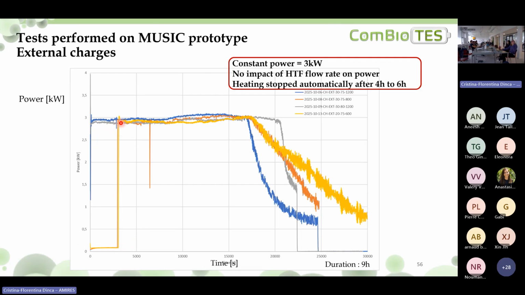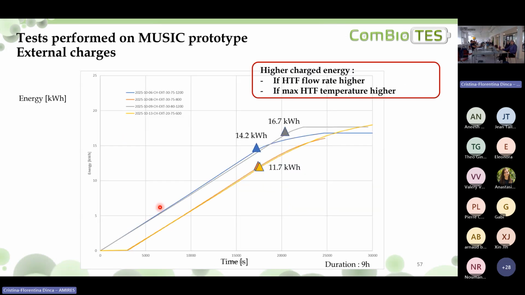So that's why there is a difference. The charge lasted longer with 1,200 kg/h than with 800 and 600. The slope is exactly the same, but there is just a delay here. I'm sorry, it's good that you pointed that out.